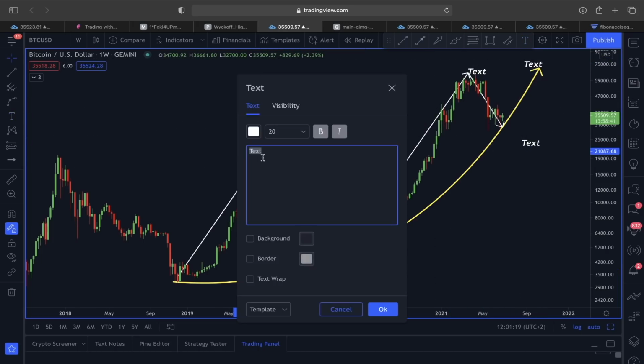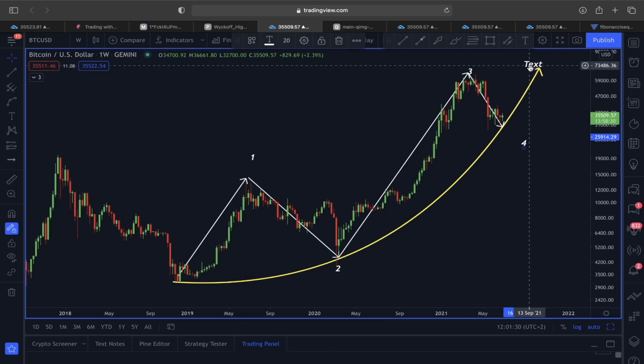So what I'm actually going to do is name these areas. There we go.